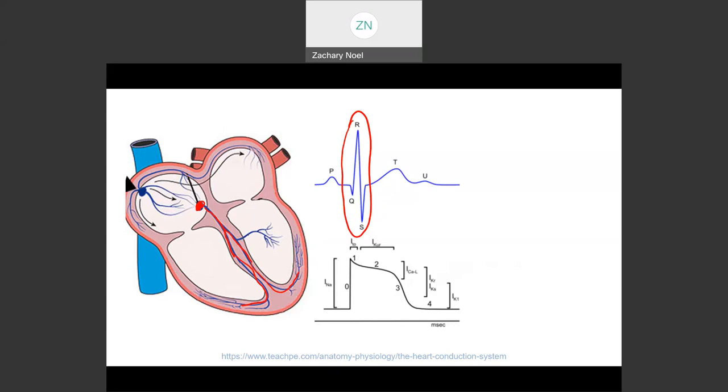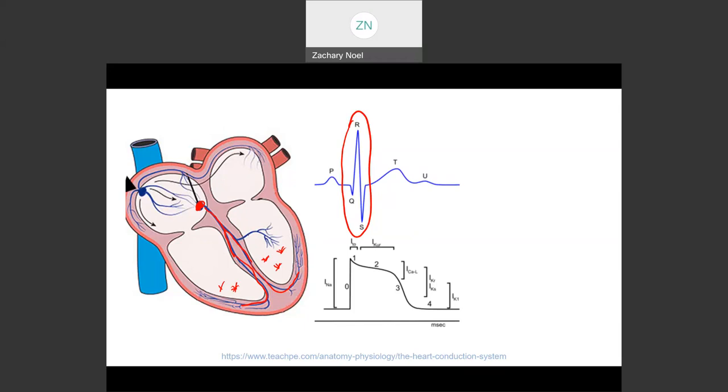I refer to the electrical conduction of the heart as kind of the highway system, so to speak. But if, for example, the impulse originated somewhere else within the myocardium, outside of the normal conduction system, it's then going to slowly depolarize the other cells within the ventricular myocardium.